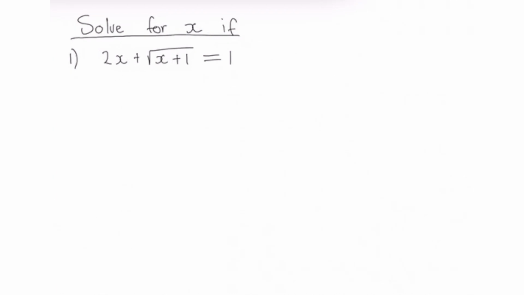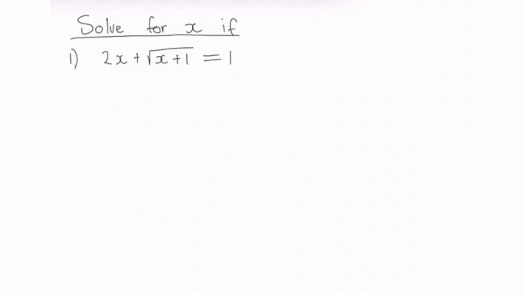With surd equations, if you are given a problem like this, what you want to do first is isolate this square root, such that it is the subject of the formula. Now we subtract this 2x from both sides.